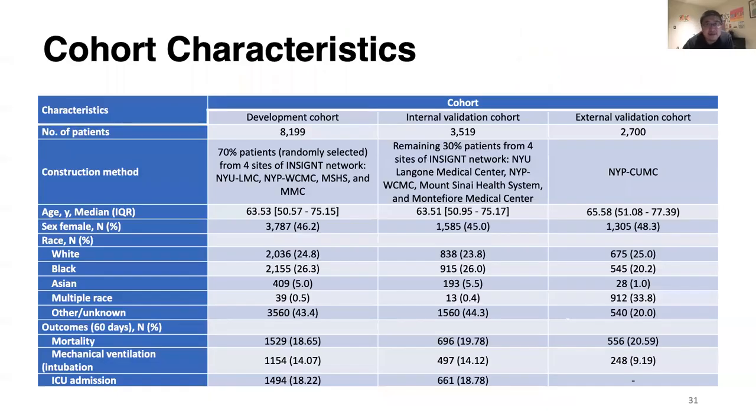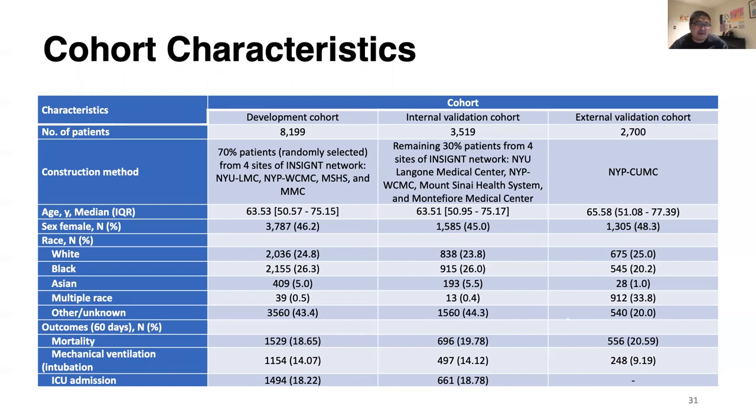And this is actually the characteristics of the cohorts we have included in our study. So we have a development cohort including about 8,200 patients, an internal validation cohort of about 3,500 patients, and an external validation cohort including 2,700 patients.